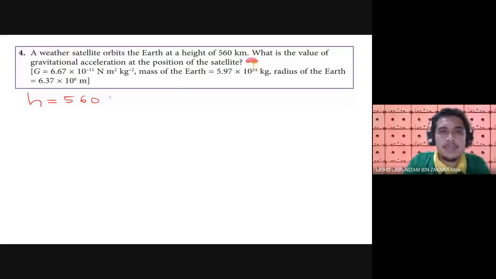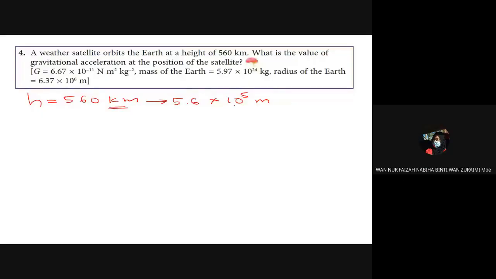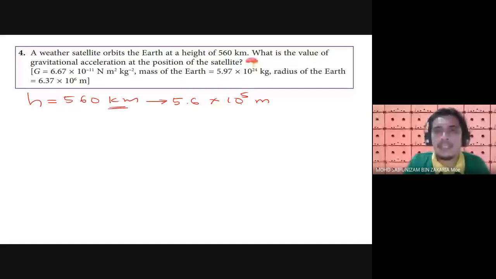When we see a value using a prefix, we need to convert it into SI unit. So we get 5.6 times 10 to the power of 5 meter. Do you remember how to get the power of 5? Yes.